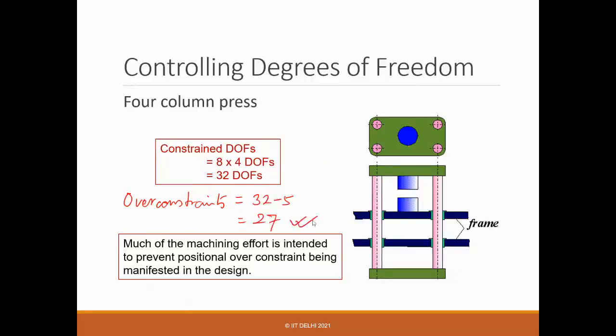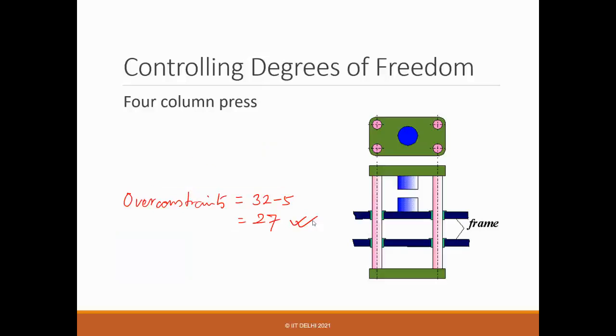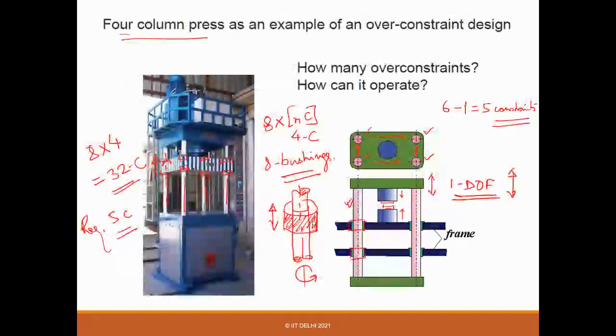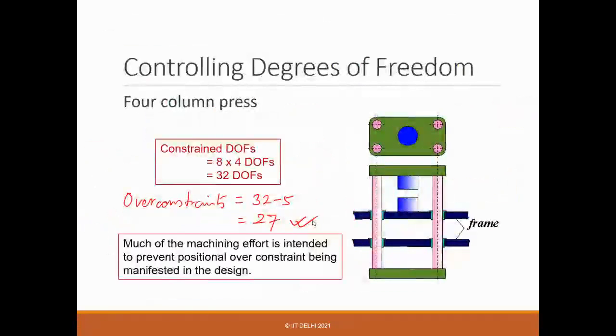Many times you say, okay, it increases the load bearing capacity, these are very big presses and all those things. But those are design considerations. If you think that 5 will not work, it means you are not doing it properly. You can still constrain 5 times, get it to run, and avoid this kind of thing.